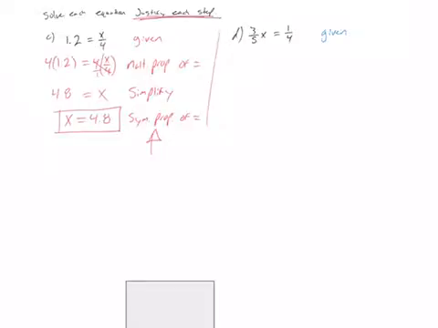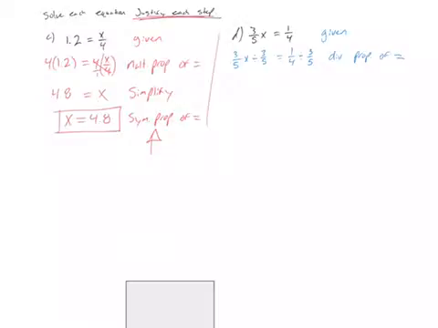So what is the opposite of multiplying? Well, to divide. So I'm going to divide that by 3/5. So over here I'm going to have 1/4 divided by 3/5. And this is the division property of equality.